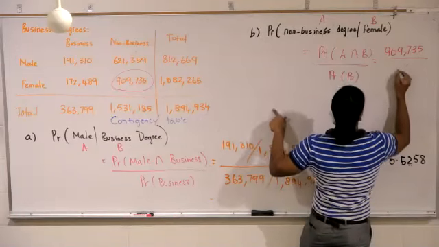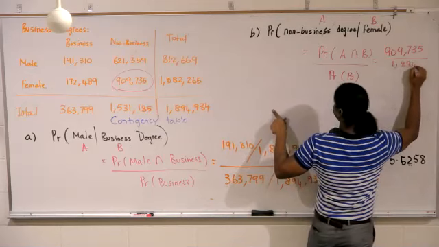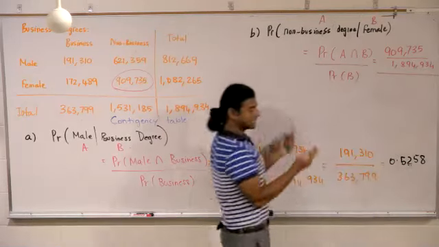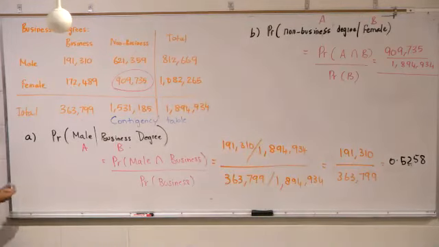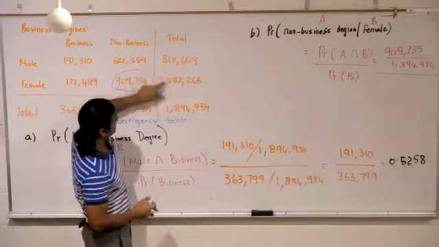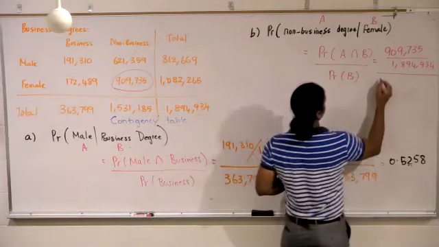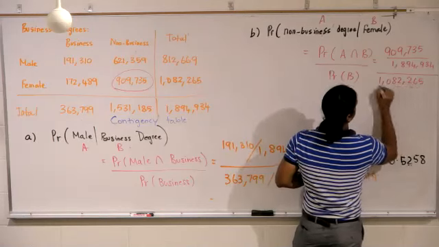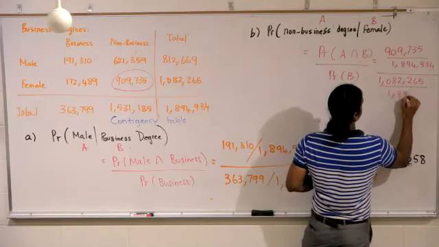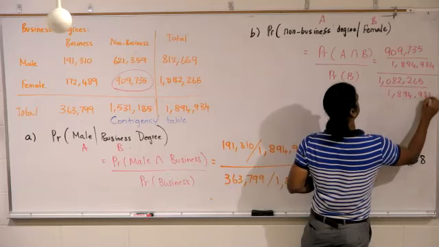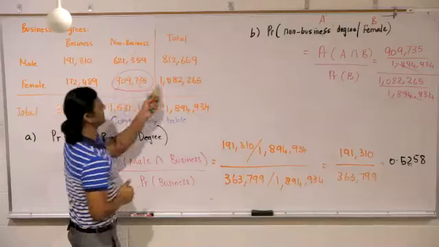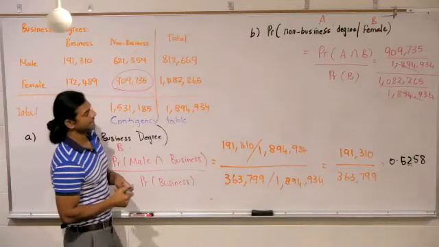So I'm going to divide it by the total. And the probability that a person is female in the sample would be that amount divided by the total. If you flip and multiply, the totals will get cancelled. So the answer would be this divided by that. And what do you get?